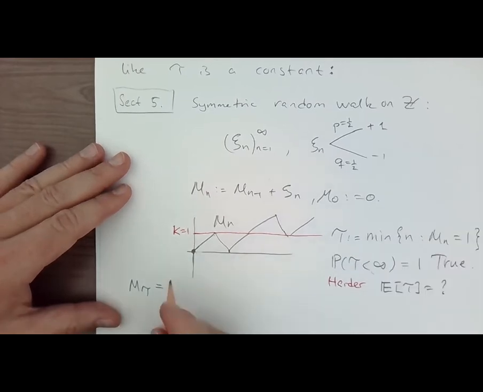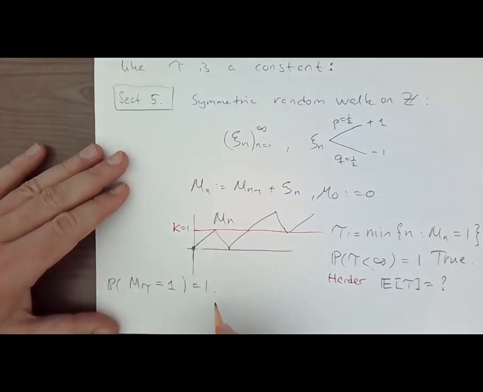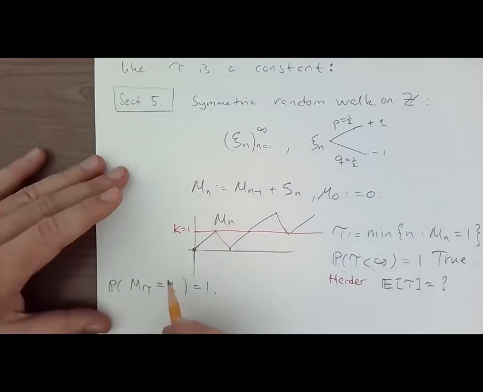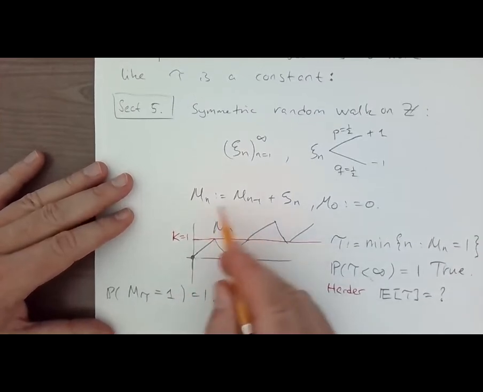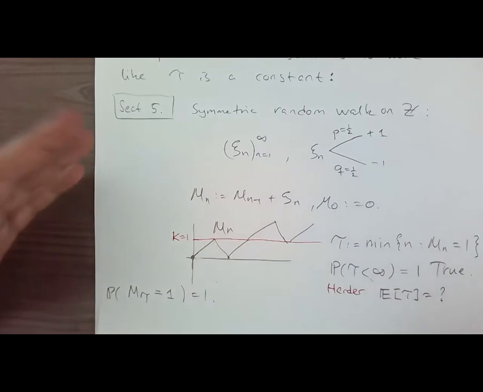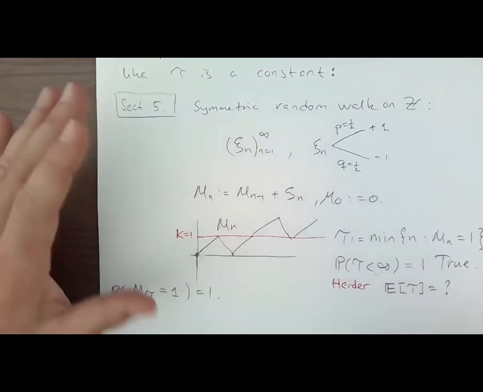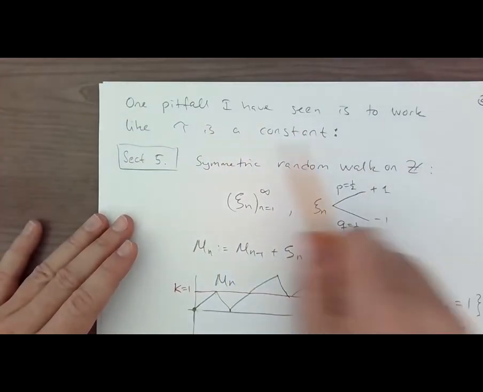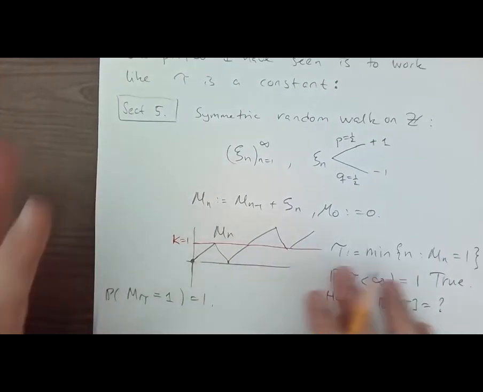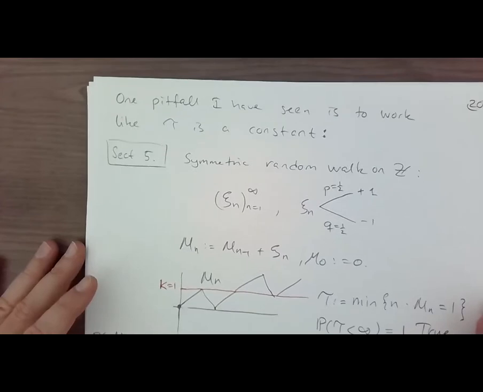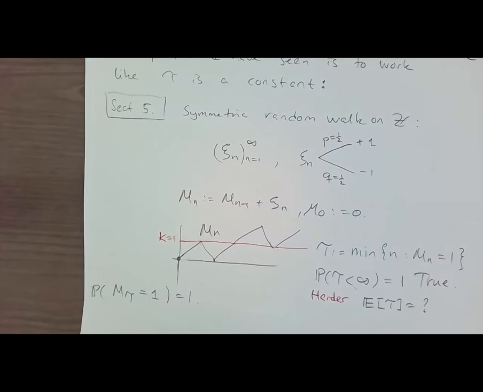It is 1, right? So with probability 1, this happens. So M_tau is a constant with probability 1, but M_n is not going to be a constant for any n, except for n equal to 0, which is 0. So don't treat these taus as constants. You could never get something like this to work for a constant. Whenever you see a stopping time, this is a random variable, and it satisfies this measurability property, but that's it.